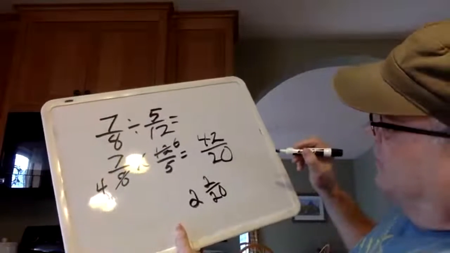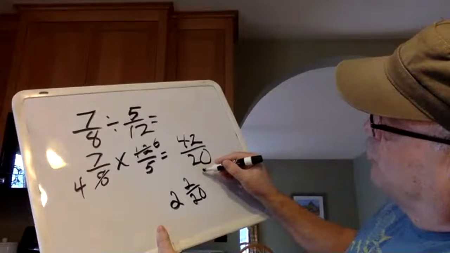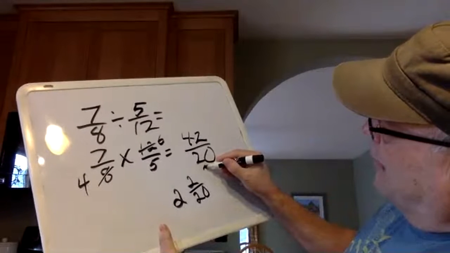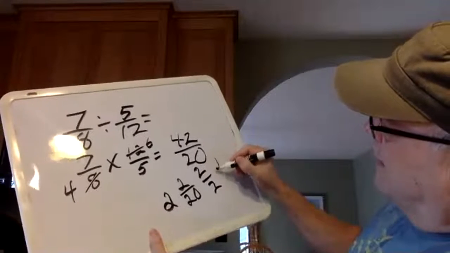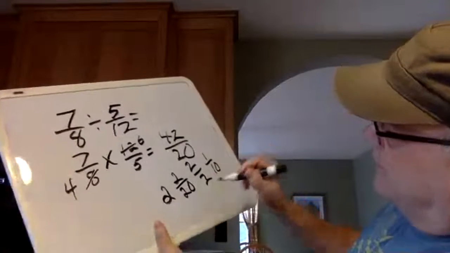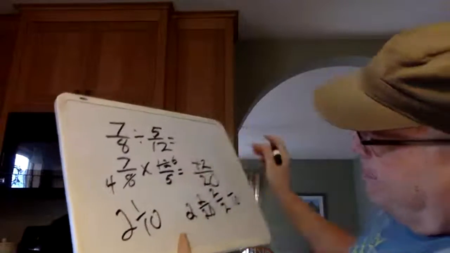Then you have to say to yourself, is there anything I can do to 2/20? You can divide 2 into both. So that gives you 2 and 1/10. Final answer, 2 and 1/10.